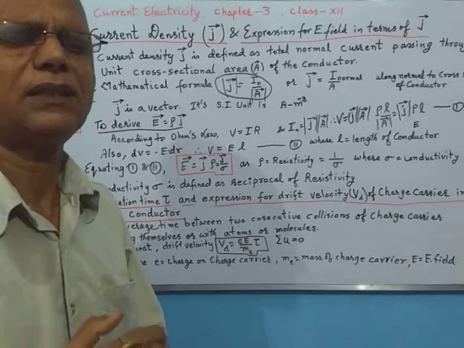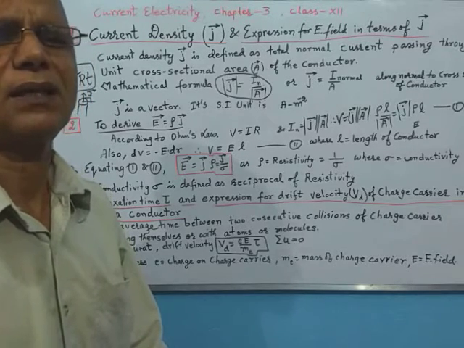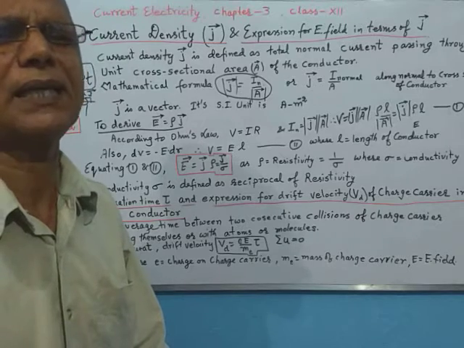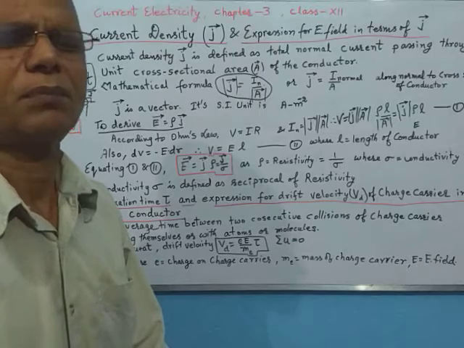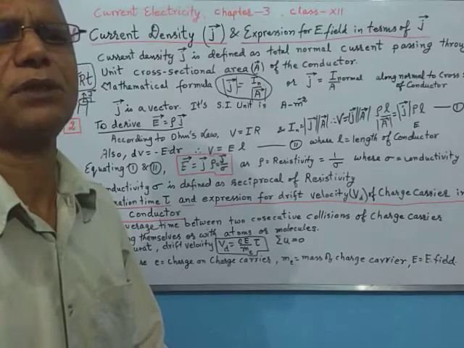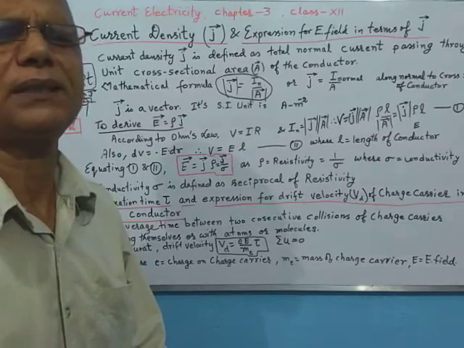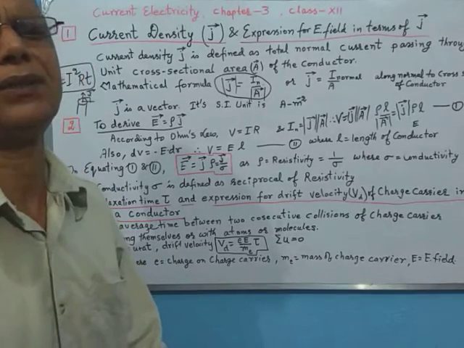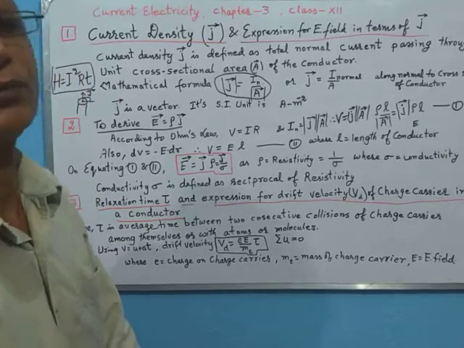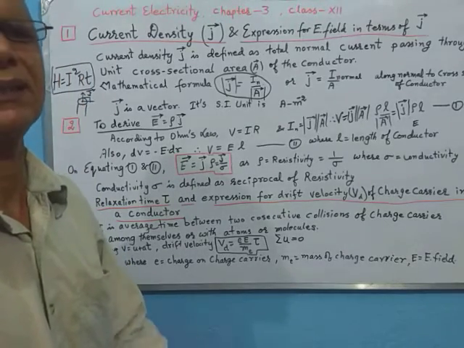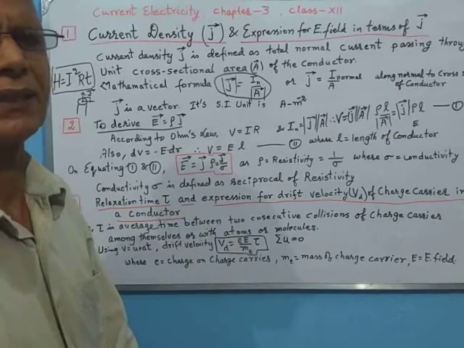In other situations as well, it should be taken as a vector quantity. The electric current in this situation must therefore be taken as a vector, because direction will dictate the direction of magnetic field due to flow of charge through the conductor, and therefore we take the electric current sometimes as a scalar and sometimes as a vector.